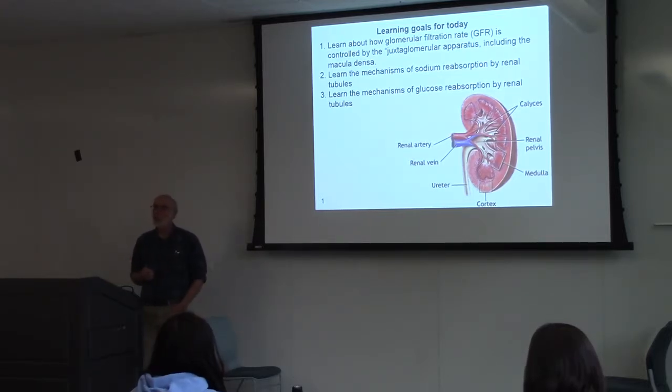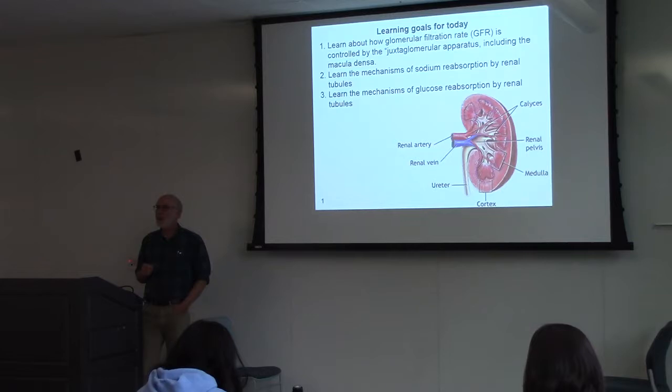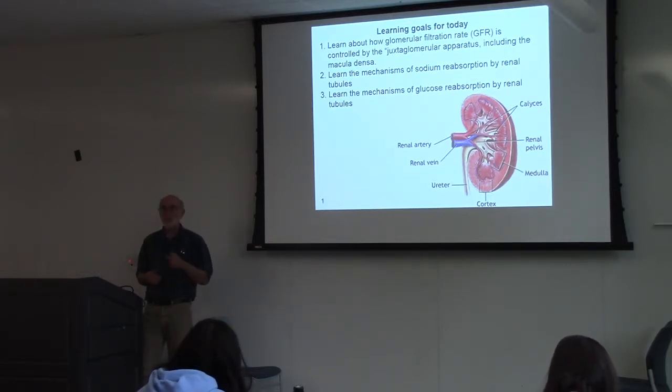Remember, we filter a huge amount of fluid and solutes, and then our kidneys reabsorb, reclaim, recover the solutes we need: water, sodium, potassium, glucose. Potassium is actually a complicated story that we'll get into on Thursday.